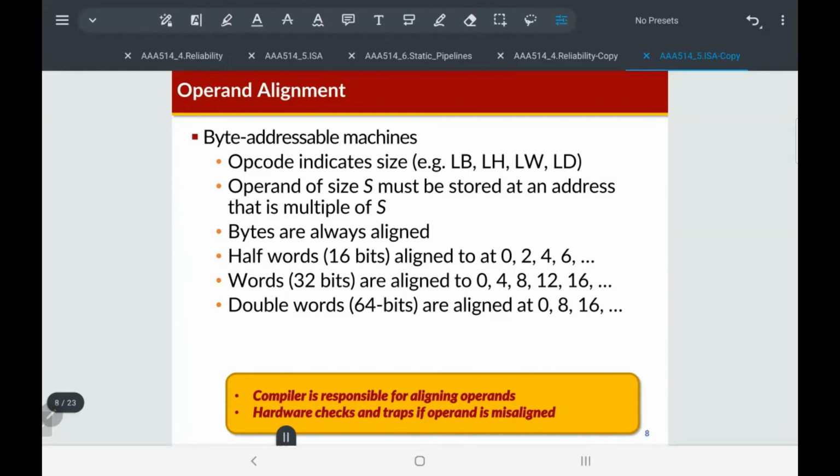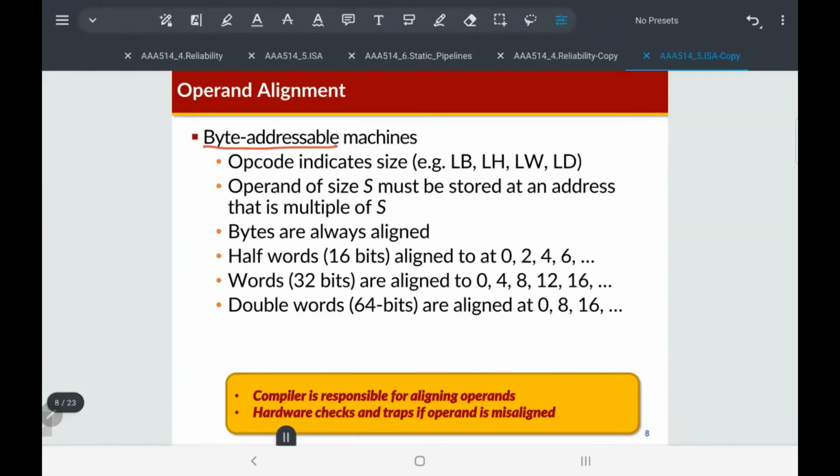And then operand alignment. The instructions access the data in the main memory, and the data in the main memory should be aligned. Most computer processors use byte addresses, which means that address 1 occupies 1 byte. Okay.